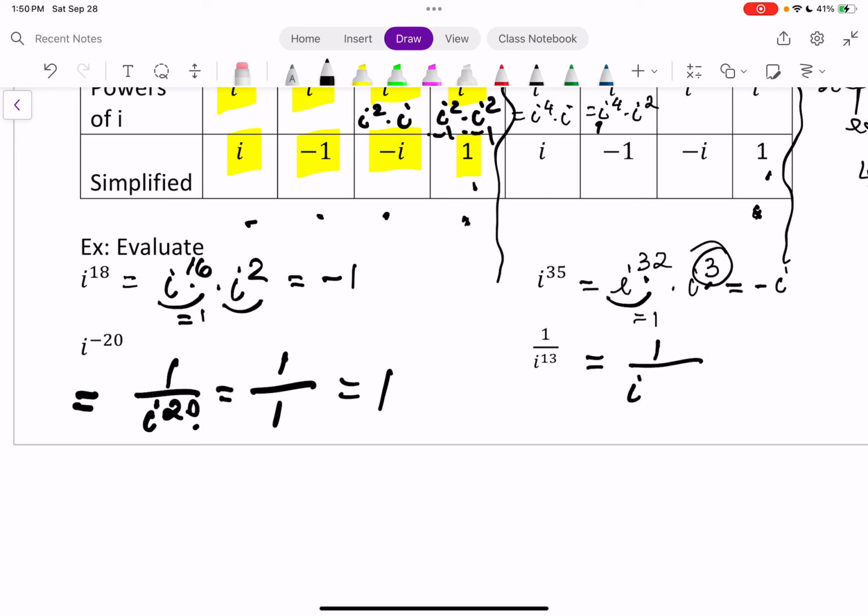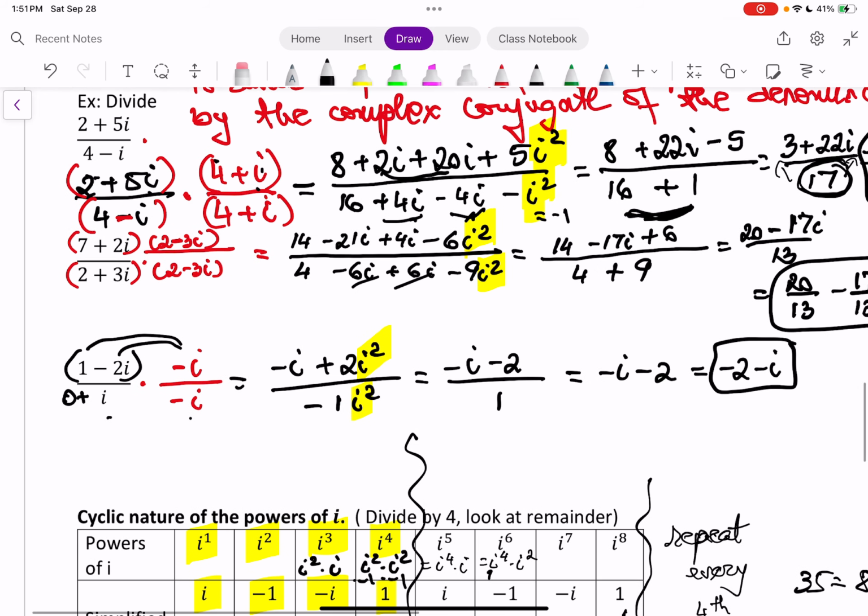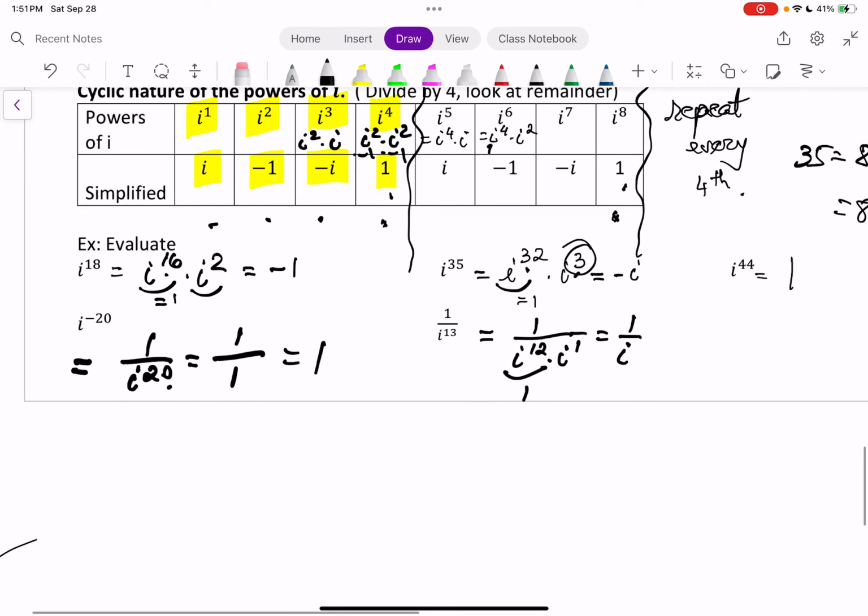And finally, i to the 13. 13 is i to the 12 times 1 more i. And the i to the 12, 12 is a multiple of 4, so that's your 1. So it fits as a 1. And now I have the 1 over i, which is going back to the story we just discussed.